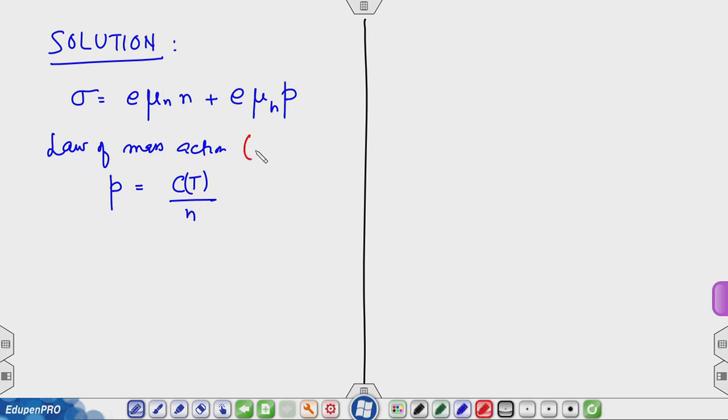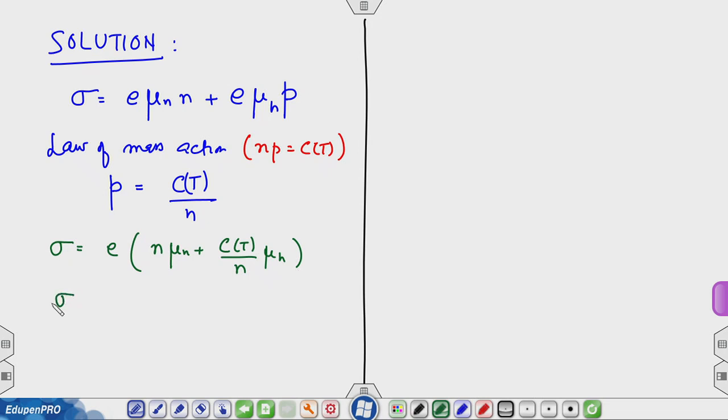The law of mass action was np is equal to C(T), some function of temperature only. So, if you increase the number of electrons, holes will go down. If you increase the number of holes, electron number would go down. So, now I can write therefore that sigma is equal to e, that is common, n mu_n plus C(T) over n mu_h, and I want to minimize this.